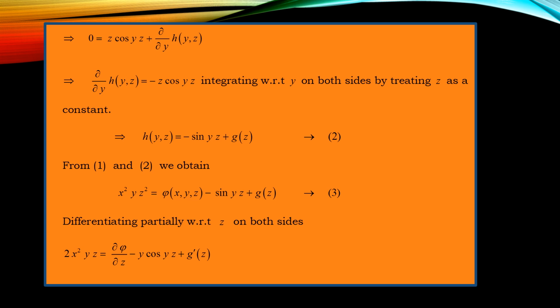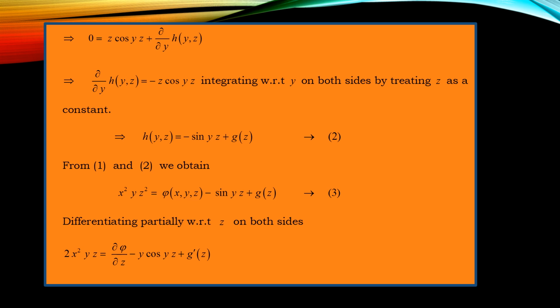Now we substitute this value of h of y, z in the equation number 1. If we substitute h of y, z equals minus sin yz plus g of z in the first equation, we obtain x²yz² equals phi of x, y, z minus sin yz plus g of z. Now our aim is to find out the value of g of z.